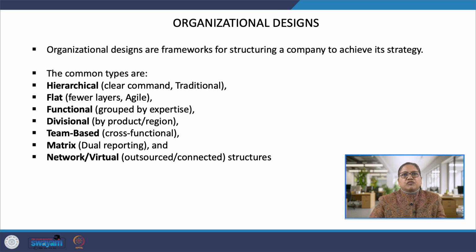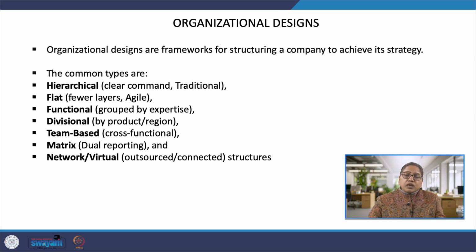Functional structures are grouped by the expertise of professionals. Divisional structures are those with departmentalization or divisions by product and by region or geography. Team based organizations have cross functional teams.